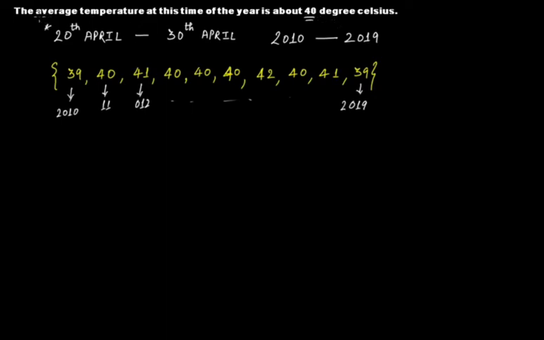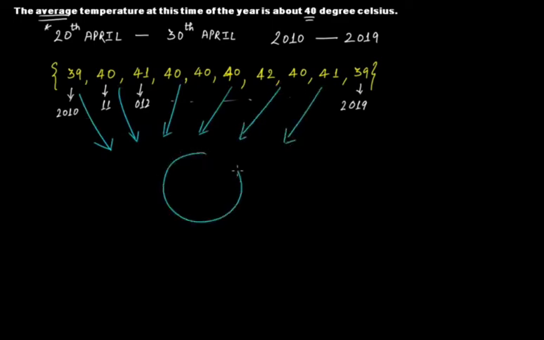But if it says the average temperature, it means that if we try to calculate the average for this given data, then all these values will point towards a single value that will be the average value for this data, and that will be called a representative value.